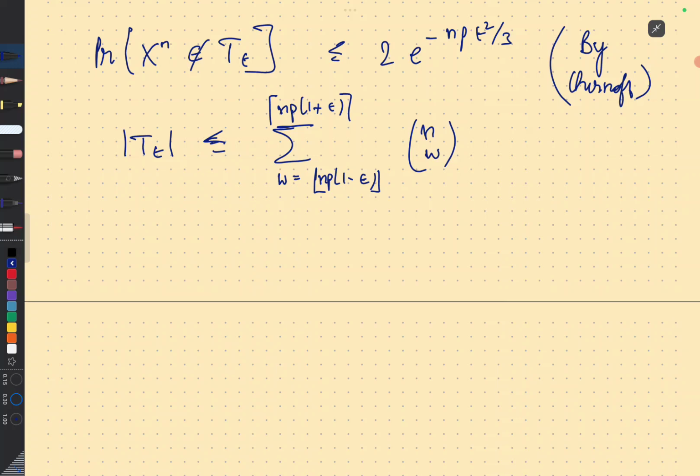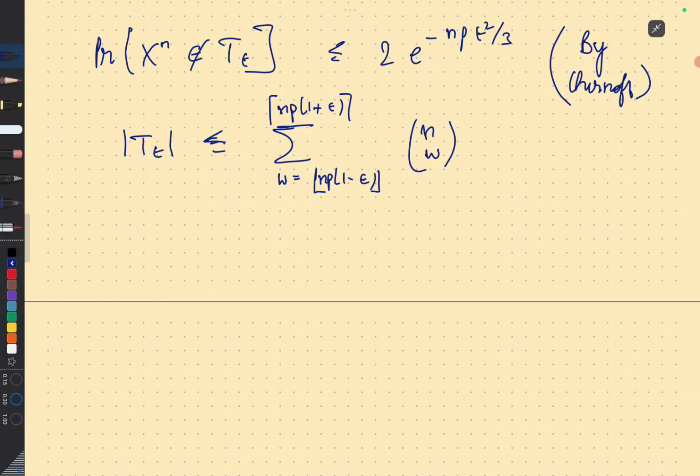Okay. So out of these, which term do you think would dominate n choose w? How does n choose w grow as a function of w? We're assuming that p is something which is less than half, and we'll assume that epsilon is also very, very small. It's maximized in the middle, when w is essentially n by 2.